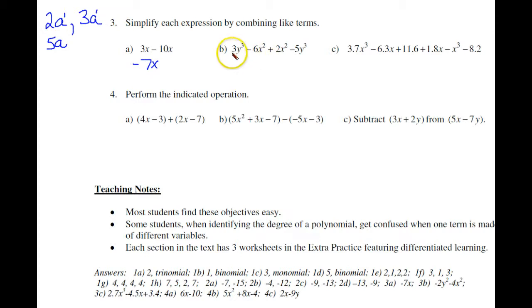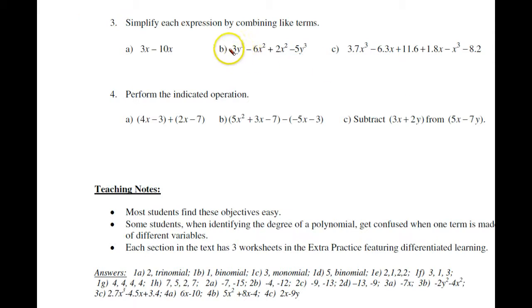Now here we have to figure out what are our like terms. Well, this is a like term. This is a like term. And then this one's a like term, and this one's a like term. Now on your test, what would be a good technique? Again, on your test, you want to be super careful to make good choices.